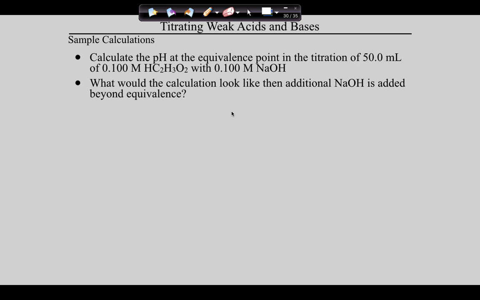The answer is, look at yesterday's homework. You figure out the moles of base, you figure out the moles of acid. Which will be greater? The moles of base. Subtract, divide by the new volume, then that gives you the molarity. Do the pOH, convert to pH. You get the idea?